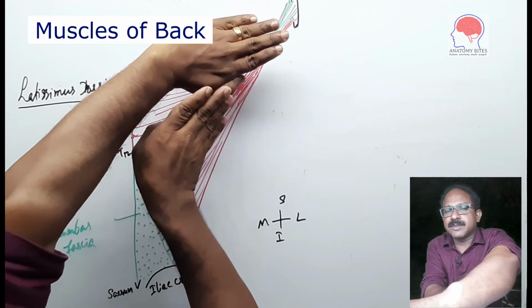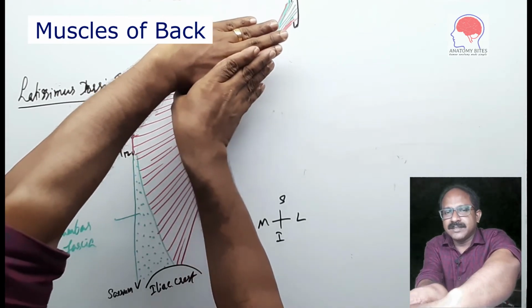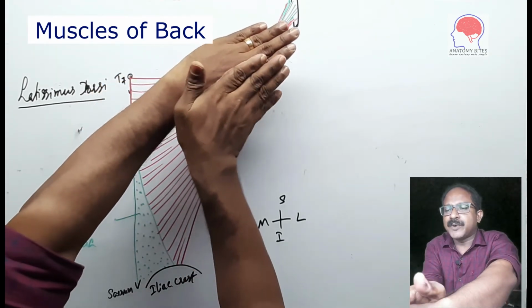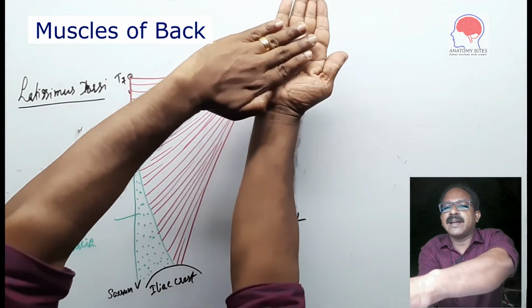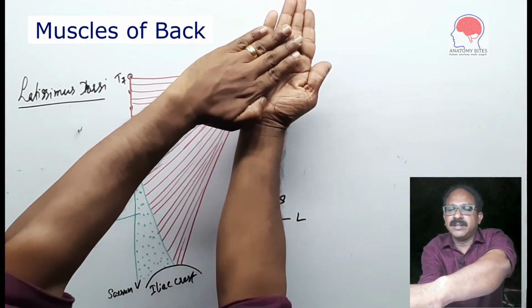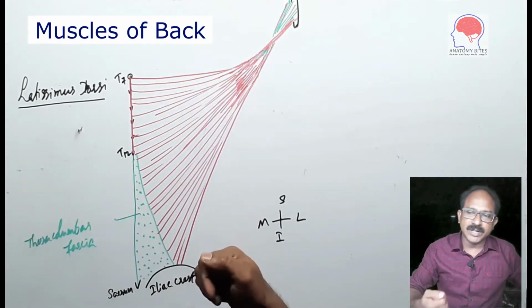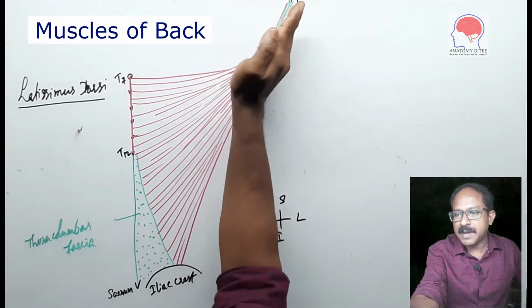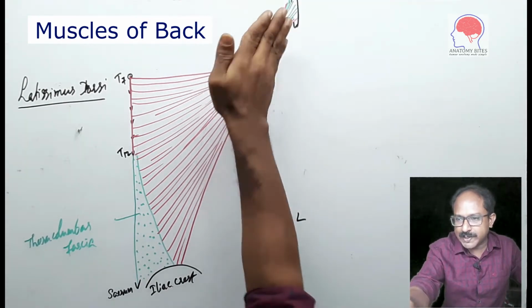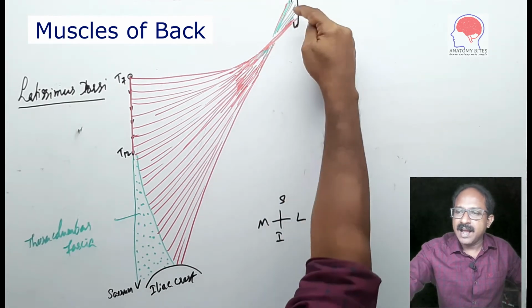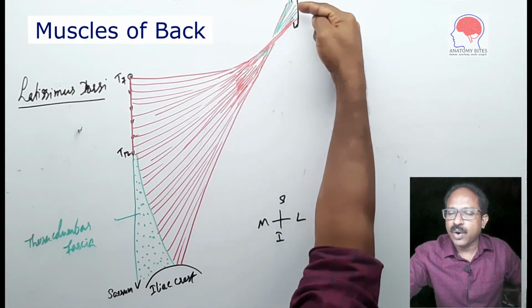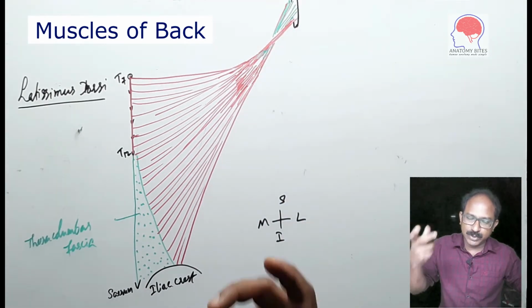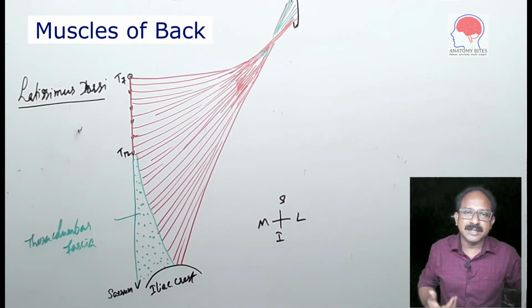The fibers of the latissimus dorsi overlap the teres major muscle and wind around. They go in a spiral manner below the lower border of the teres major. You can see that spiral pattern, so the fibers twist and go spirally, and it is inserted to the floor of the bicipital groove. So both together form the posterior axillary fold.